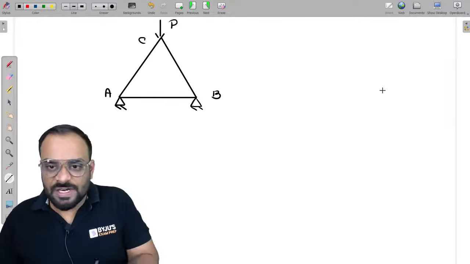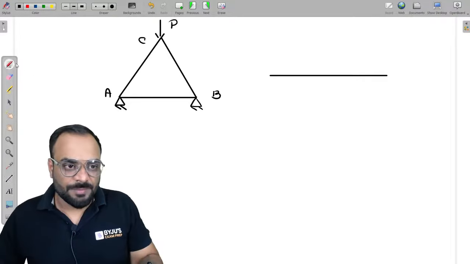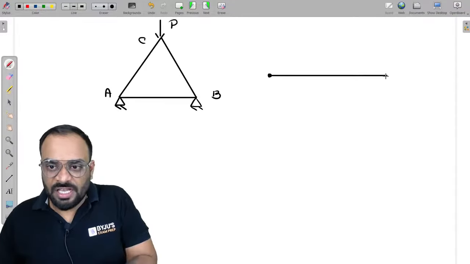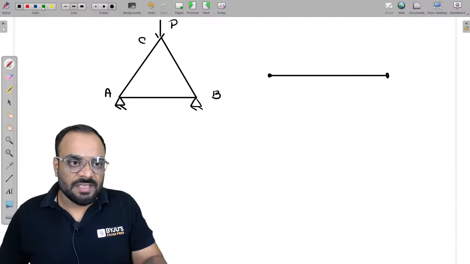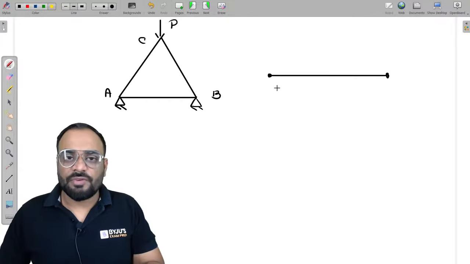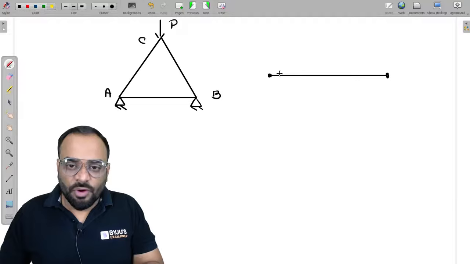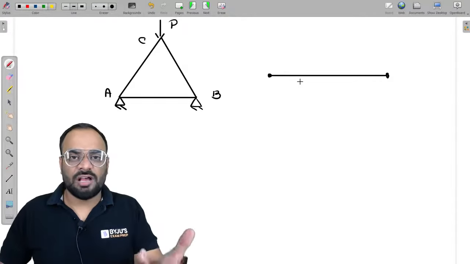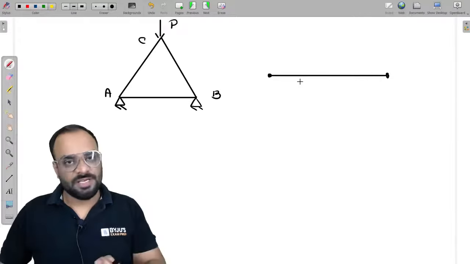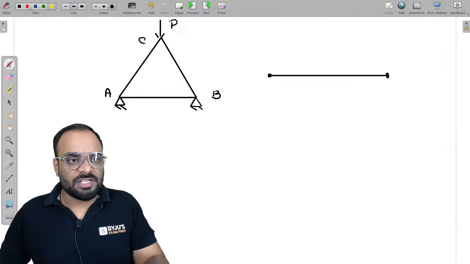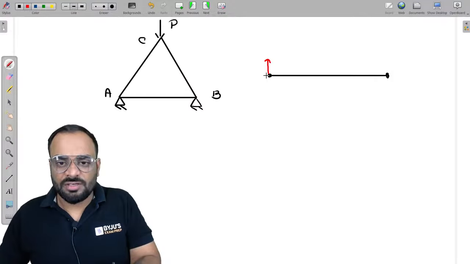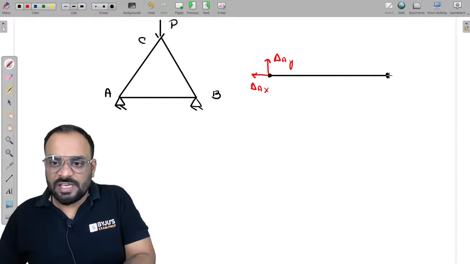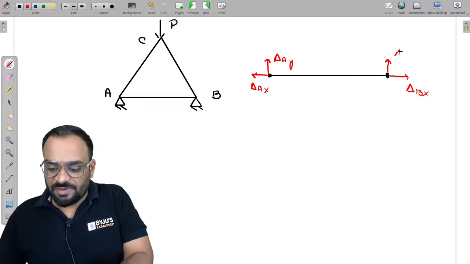Right now, let us consider this is our truss member and this is our joint A and this is our joint B. Now tell me, guys, if I want to produce force in member AB, I need to have some joint displacement, right? So in which particular direction can this joint move? There are two directions, delta AY and delta AX usually. Similarly, in this case, it will be delta BX and delta BY.